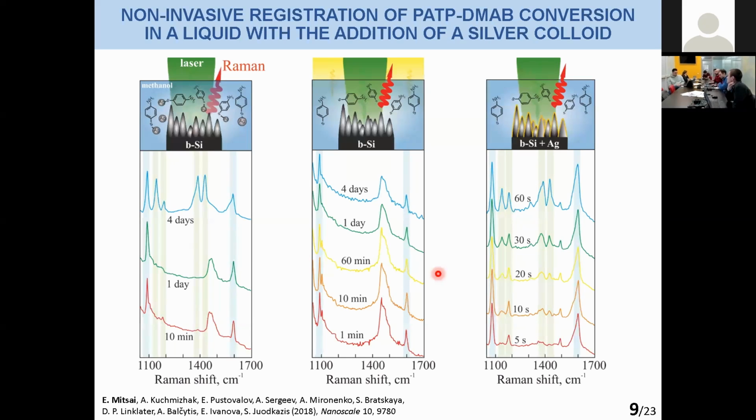It is not here in this presentation, but in the work I mentioned this, and it's about, if I'm not mistaken, 10 or 20 times, in comparison with just the silicon wafer.